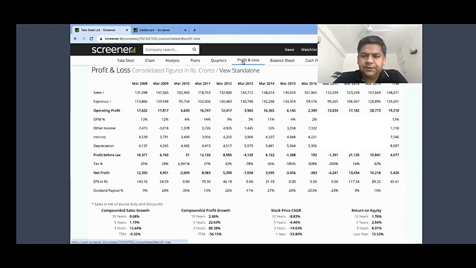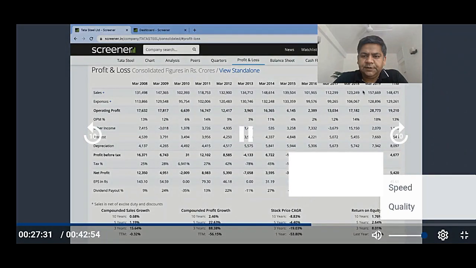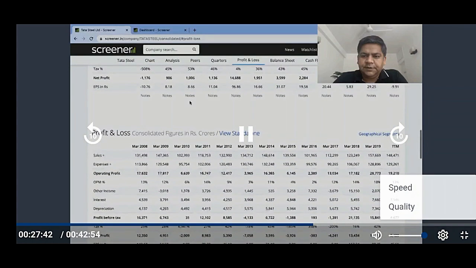So if someone tells you that looking at numbers doesn't make sense, it's a pure lie. Looking at numbers makes sense. If you pick up hundreds of companies, and you should pick up hundreds of companies, and see whether their sales are growing or not, and plot the graph of their sales and profit, you will see that in 95%, 99% of the cases, that graph and the stock performance graph will look similar.